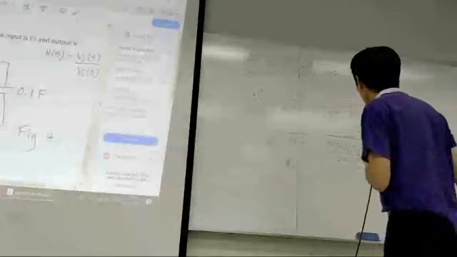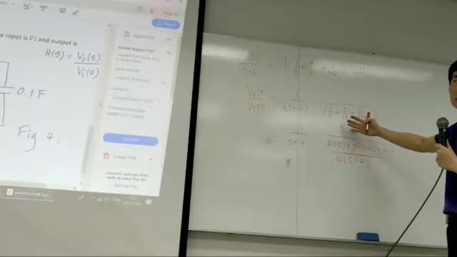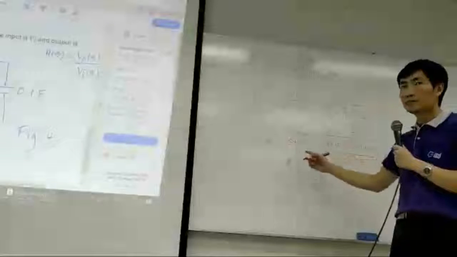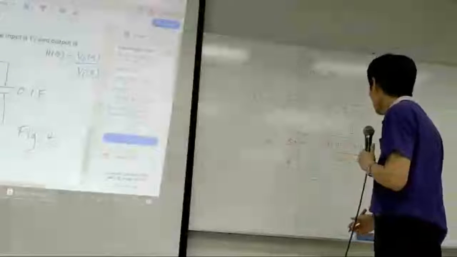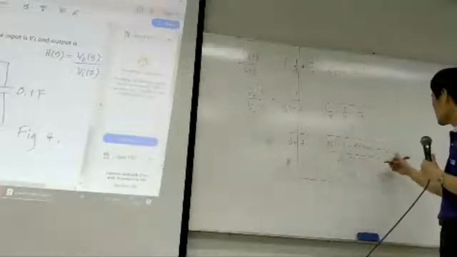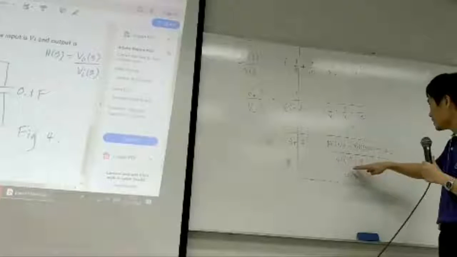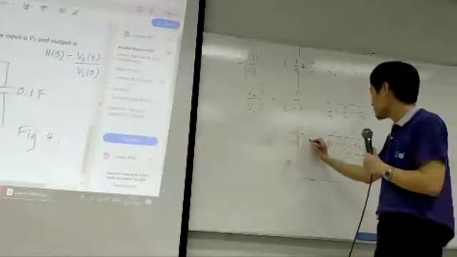This is just simplify. We put that on top, put the bottom on top, and S plus 2 cancel with that. So you have 40 on top, and the bottom you have that one. The S plus 2 and the S plus 2 cancel with this.